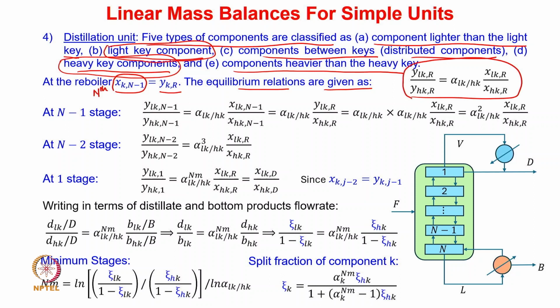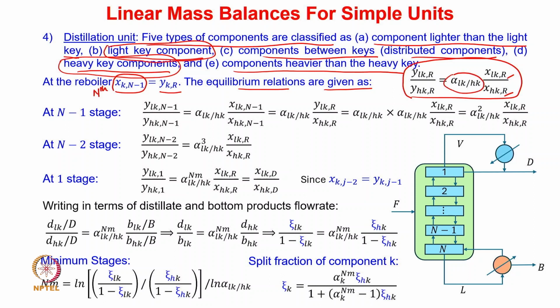So at the nth stage the relative volatility is defined here as mole fraction of the light key component in the reboiler divided by mole fraction of the heavy key component in the vapor phase in the reboiler, and these are related to the mole fraction of the light key component in the liquid in the reboiler and mole fraction of the heavy key component of the liquid in the reboiler, and these are related using the relative volatility.